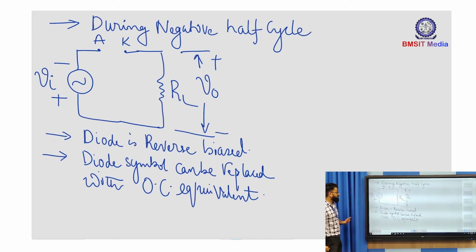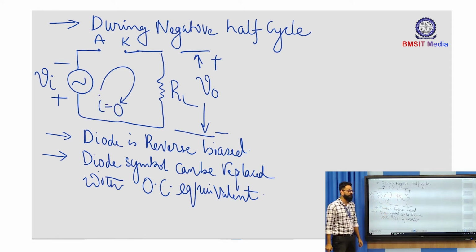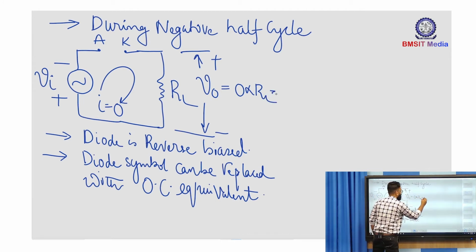So there is no conduction, so the current is 0. So in this case, the current is 0, because there is an open circuit. When the current is 0, obviously the voltage becomes I into RL, or 0 into RL, which is equal to 0 volts.